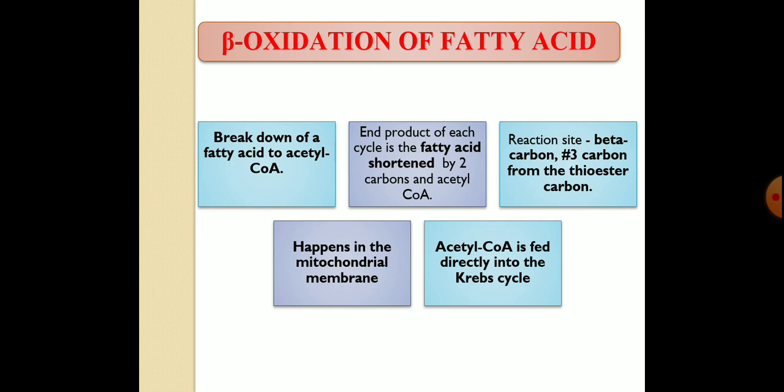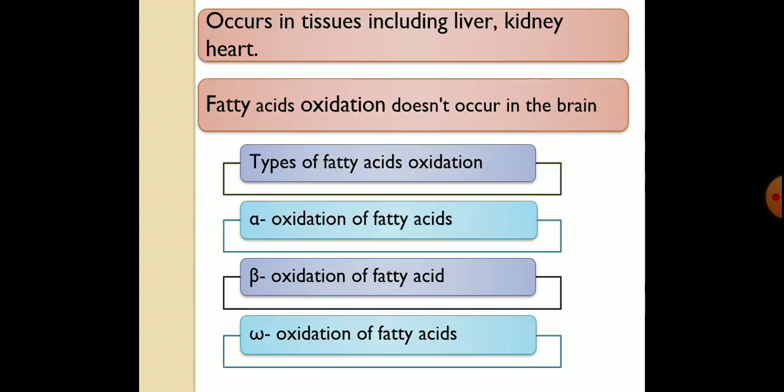Acetyl coenzyme A is directly fed into the Krebs cycle for further oxidation, where it gets converted into carbon dioxide and water molecules with the generation of energy.